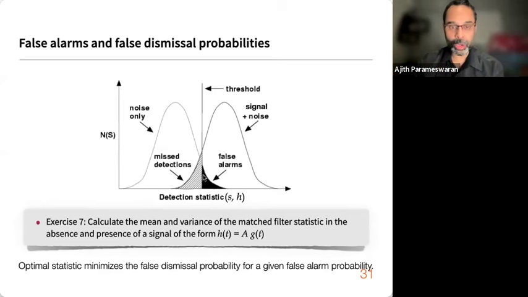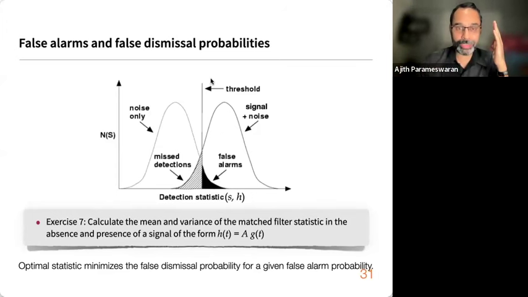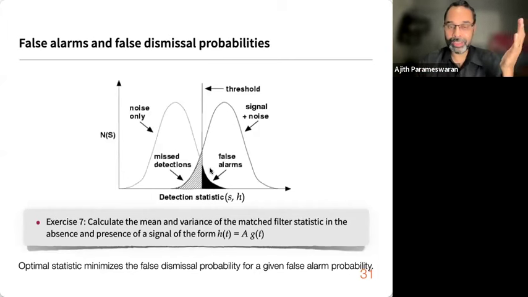You can see that there is an overlap between these two distributions, which is a confusion regime. So what one does is choose a threshold such that the probability for noise to produce values above this threshold is small, like 1 in 1 million or something. This automatically implies that you have some false dismissals also, some loss of efficiency.